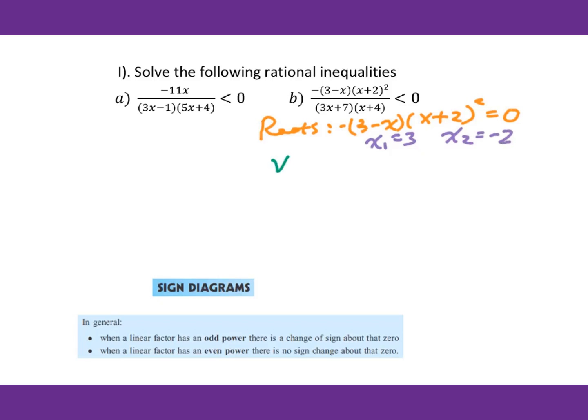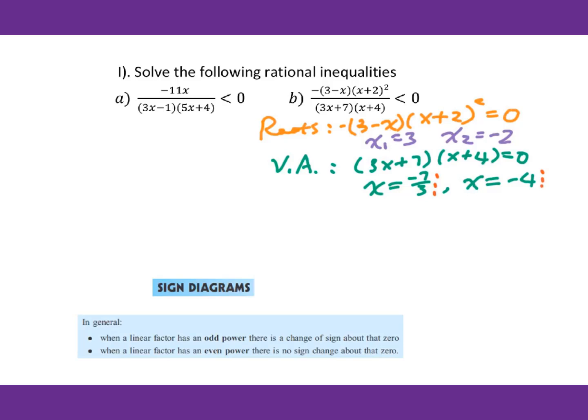Then we will get the vertical asymptote lines. Make the denominator equal to 0. So we get x equals negative 7 over 3, x equals negative 4. These are the vertical asymptote lines.